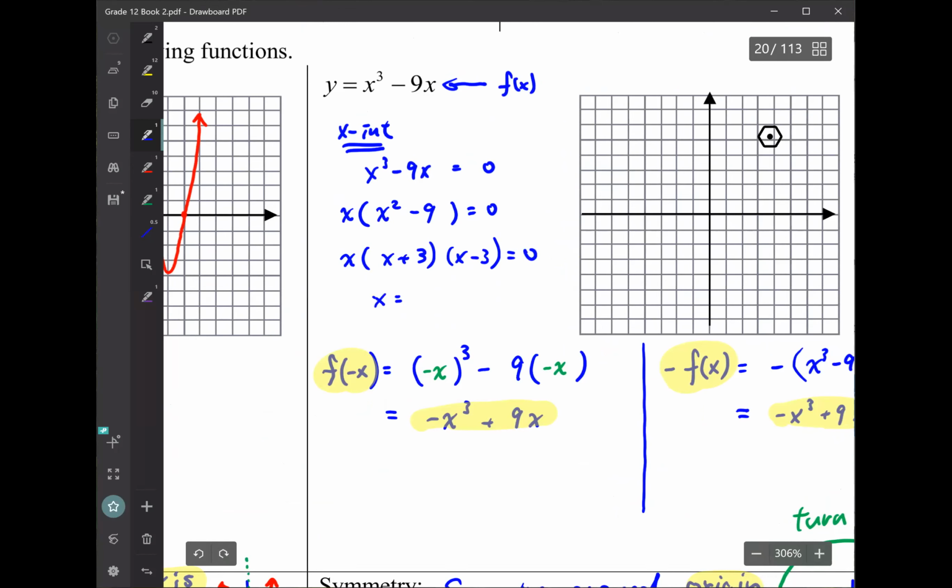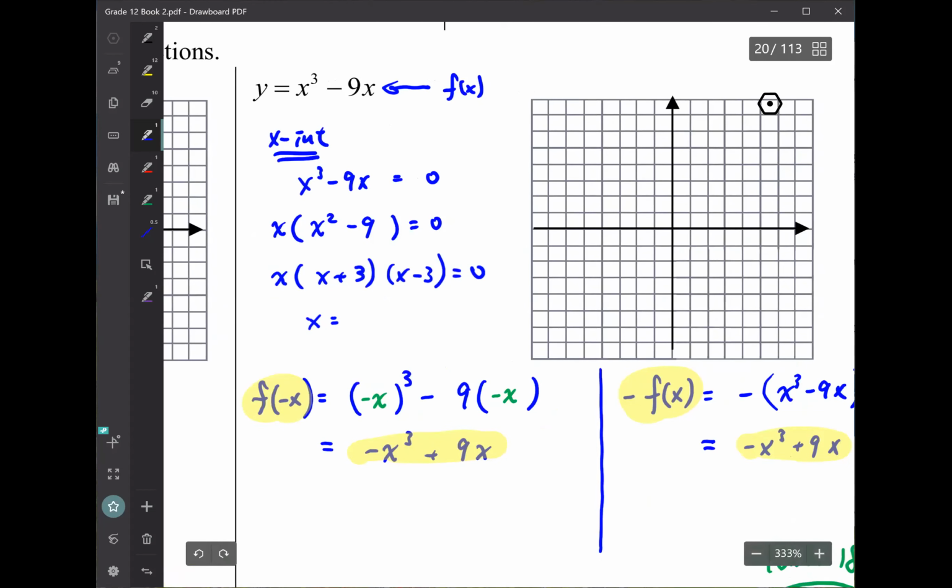Cindy, what are the x-intercepts now? Cindy, you there? What's the x-intercept?